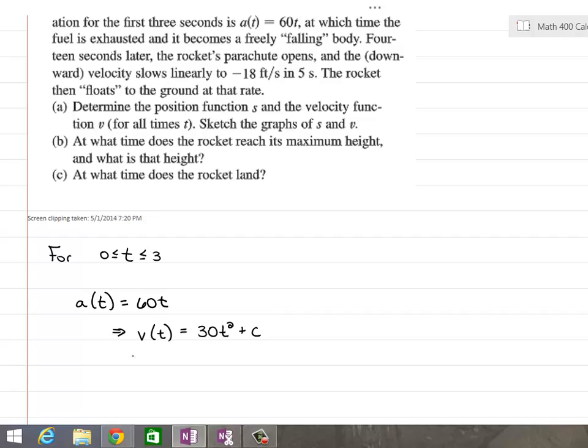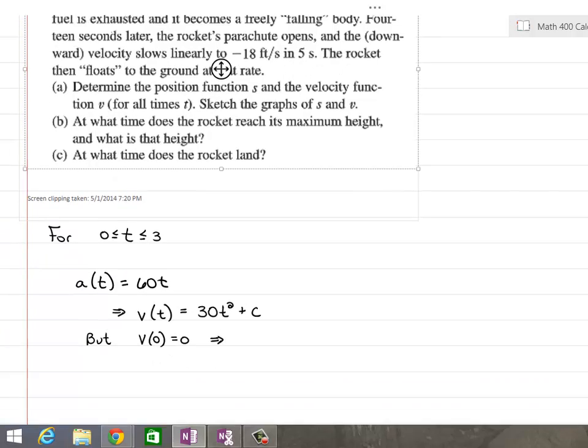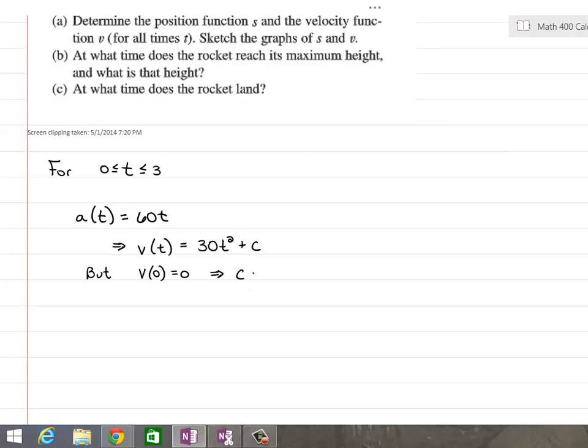I'm going to take care of these constants right now. We happen to know the velocity at time 0, because we're just firing the rocket off at that moment, is going to be 0. So this will imply that c is equal to 0. So now our velocity function, at least for the first 3 seconds, is just going to be 30t squared.